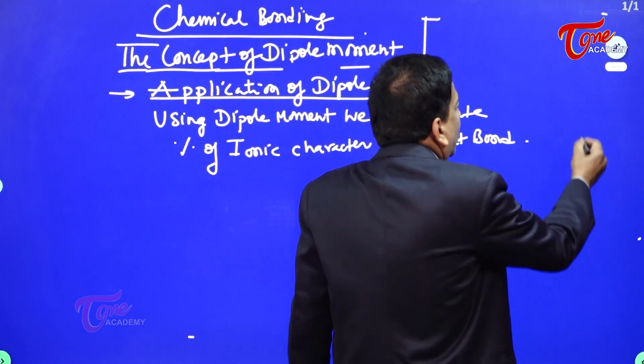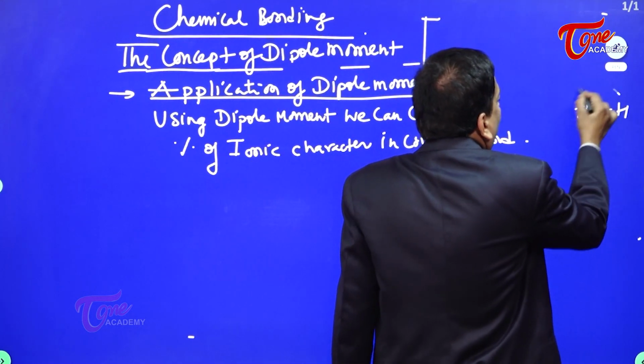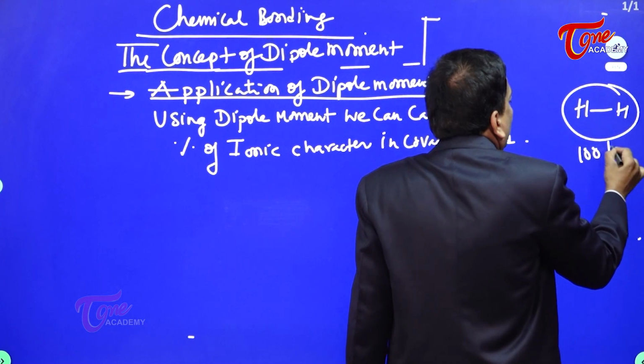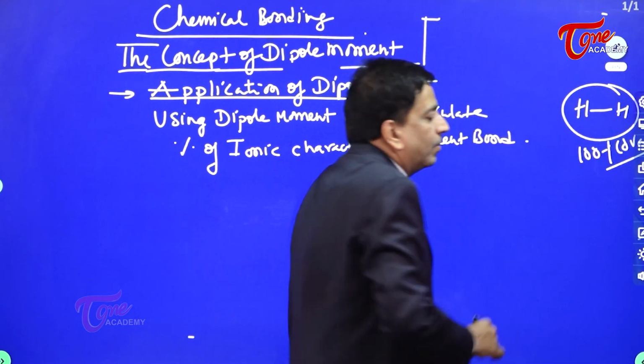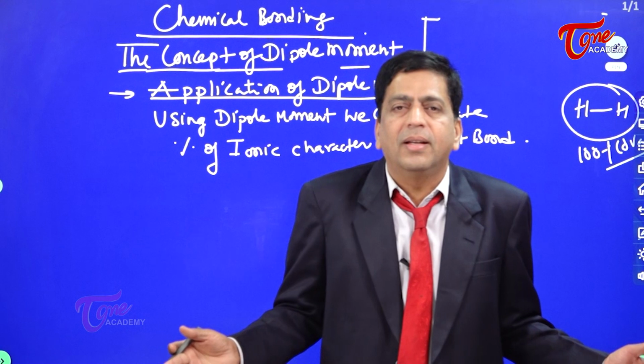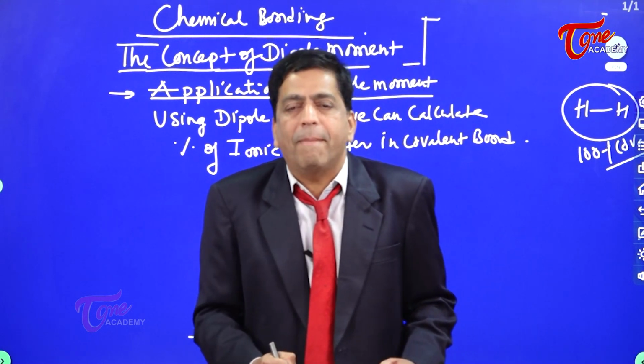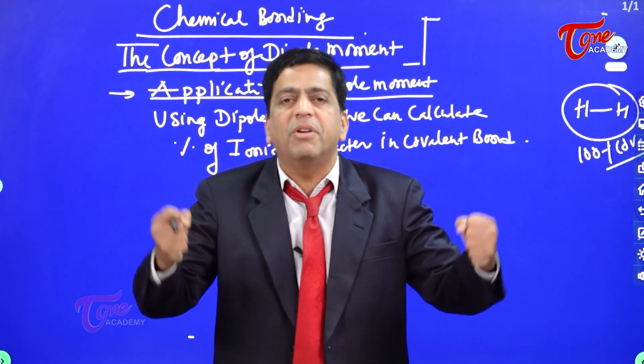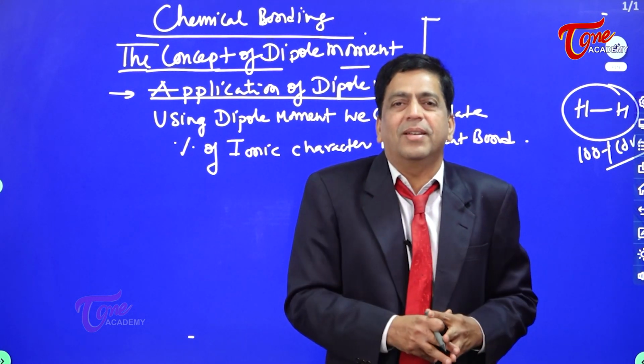For example, the bond between hydrogen and hydrogen is 100% covalent. That's how you need to pick, because it's a homoatomic system, a bond between two similar atoms.